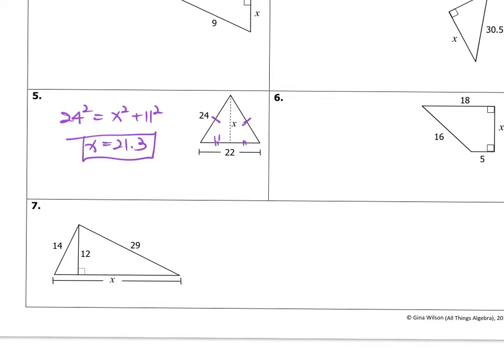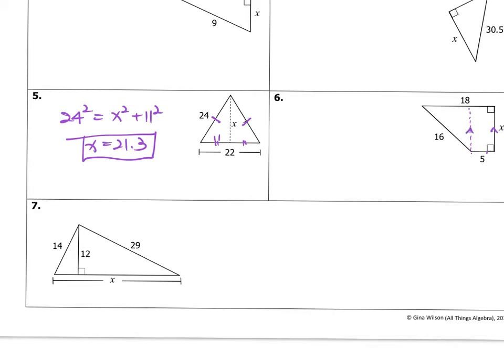Okay. Now for number 6, it looks odd because it doesn't have a triangle. I have 18, 16 here, 5 here, and an x here, and I need to know x. But what's beneficial is I have 90 degrees here. In geometry, we haven't practiced this much, but you can add and subtract lines, and very often it's adding rather than subtracting. You can add a dotted line here that makes this parallel to this.